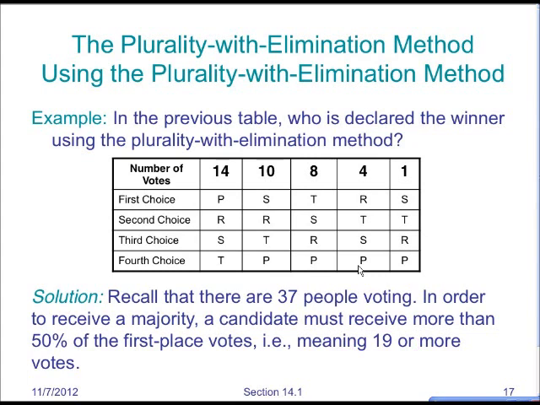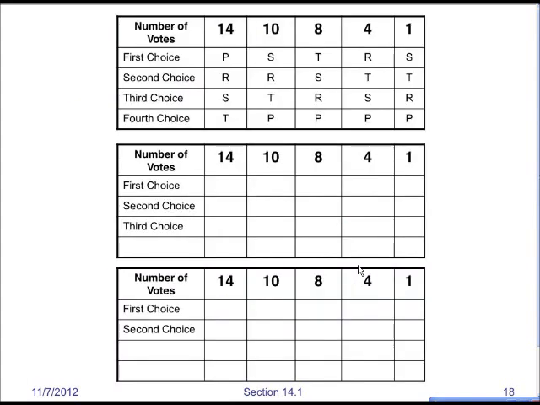So we look, and Paul has 14. Sarah has 11. Don't forget about this one over here. Tim has 8. Rita has 4. Does anyone have 19? No. The most is Paul, but he only has 14. He does not have 19. So what we're going to do is we're going to figure out who has the least amount of first place votes.